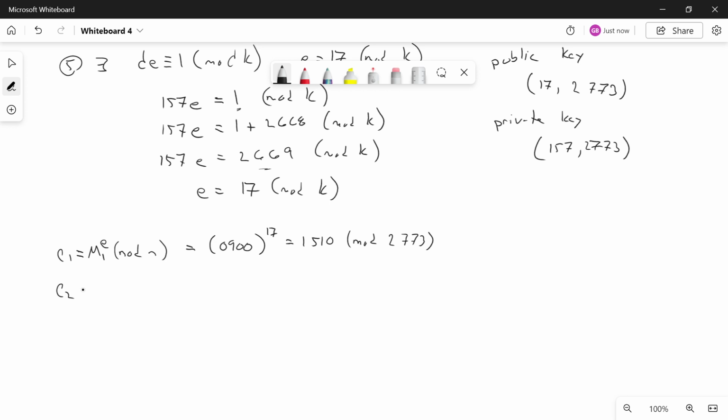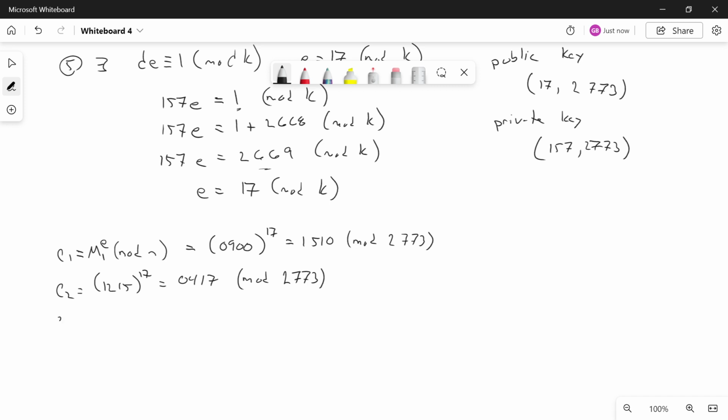C2, our message was LO, which was 1215. So raise that to the power 17. This gives us 0417 mod 2,773. So that's our second encrypted message.